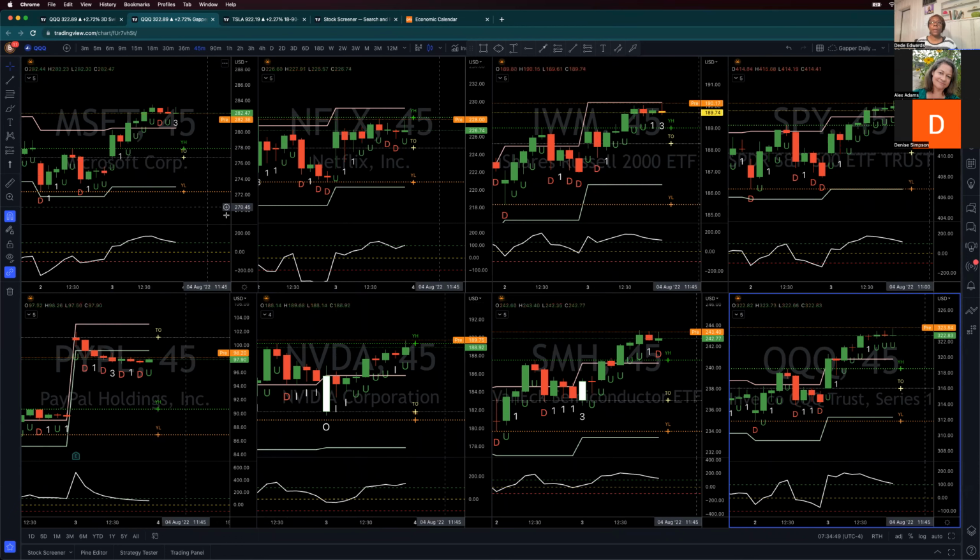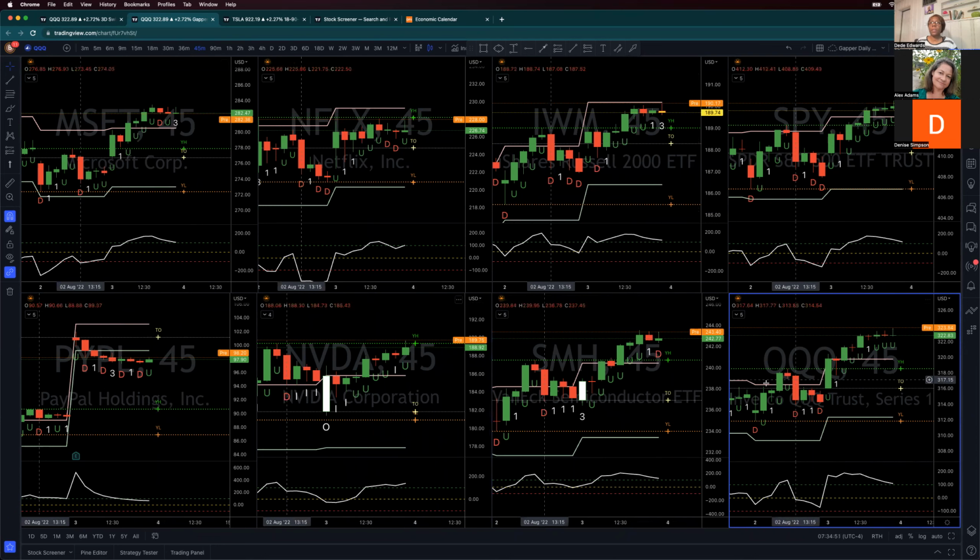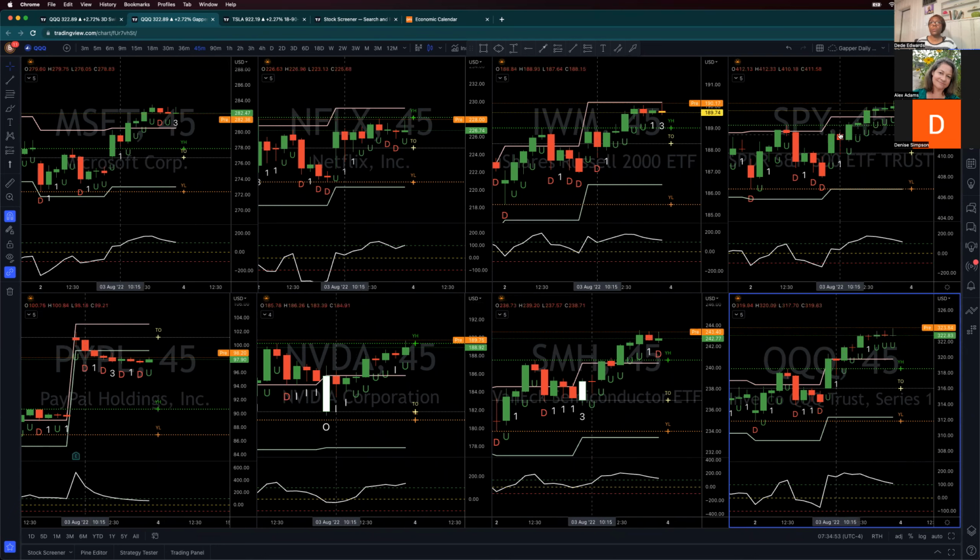And so we had a couple inside moves off the 45, but then you go down to your 18-minute for your entry, right? Or you can use a shorter time frame, but just keep in mind, I'm looking at 2 twos on the 18 with the 45 in force, if you will, because it's half the 90.